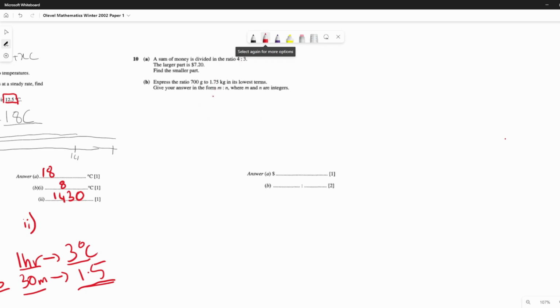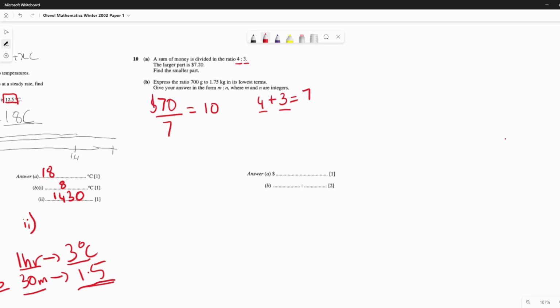So let's say we have $100, right? And if it's 4 by 3, this is 4 plus 3. This is 7 total parts that we have. And obviously, they're split into 4 parts and 3 parts. So instead of 100, I'm actually going to take 70 because that's an easier number to divide. So if we divide these into 7 parts, we will get $10.